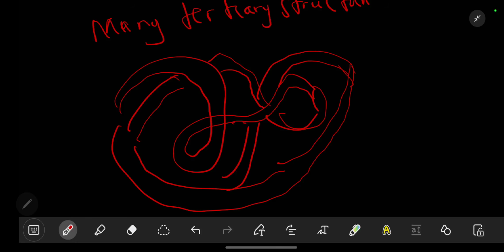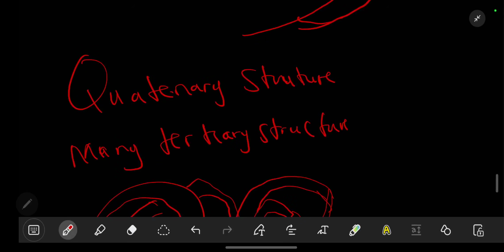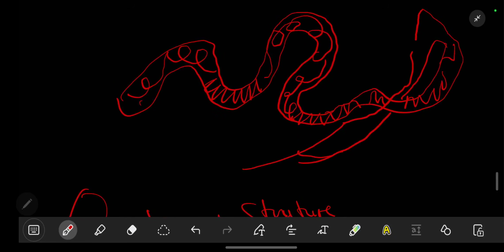That is all about the quaternary structure.